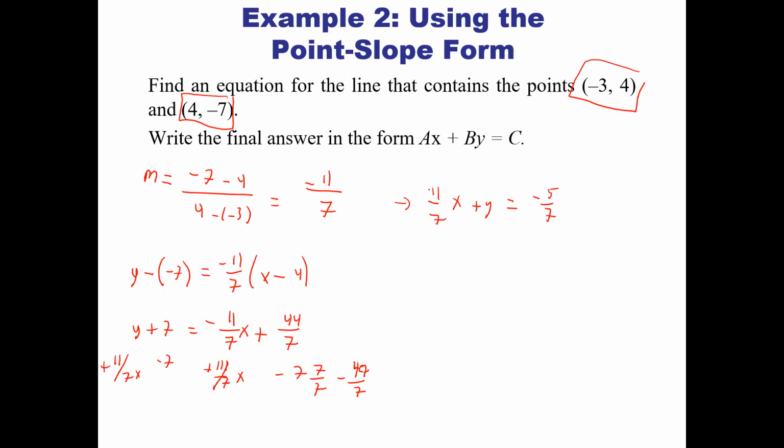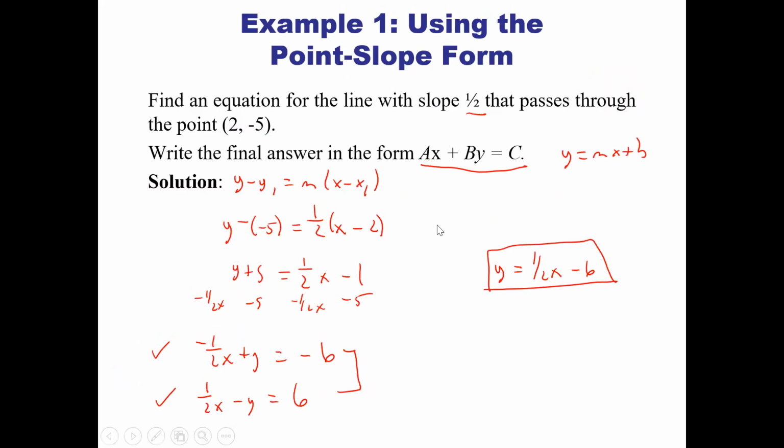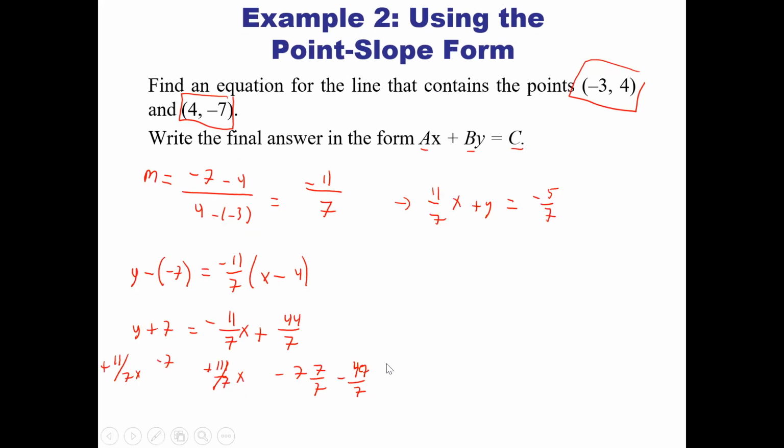Now, I hadn't said this before, but sometimes when they want these A's and B's and C's, they don't want fractions. So even though over here I said that was probably the final answer they'd want, sometimes they want something different. They want A, B, and C to be whole numbers. So you kind of have to be paying attention to what they want.